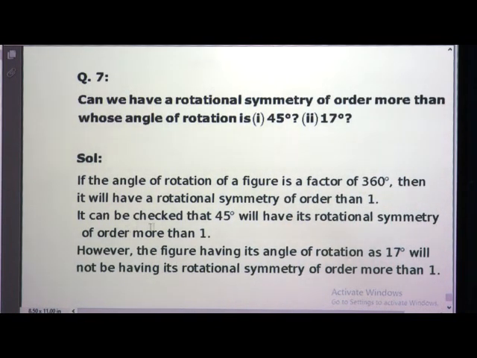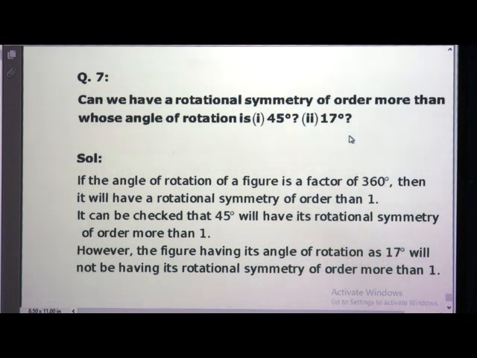It can be checked that 45 degrees will have order of symmetry more than 1. However, a figure having an angle of rotation of 17 degrees will not have order more than 1, because 17 is not a factor of 360.